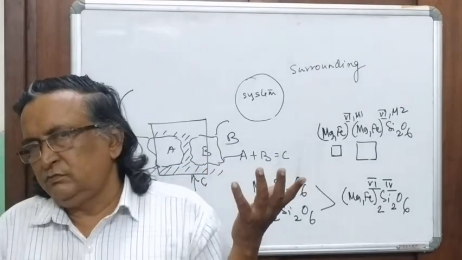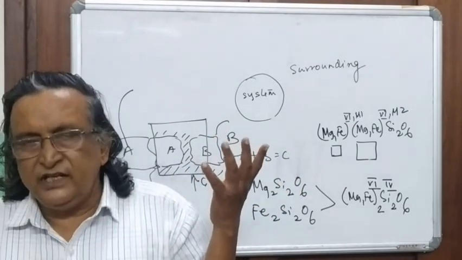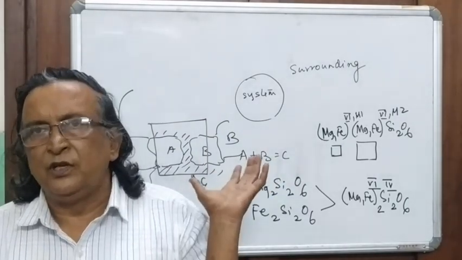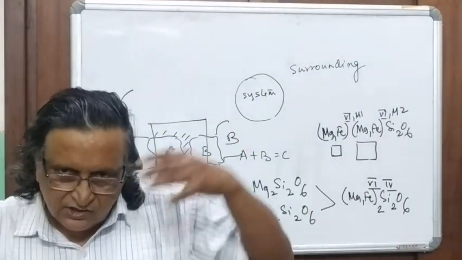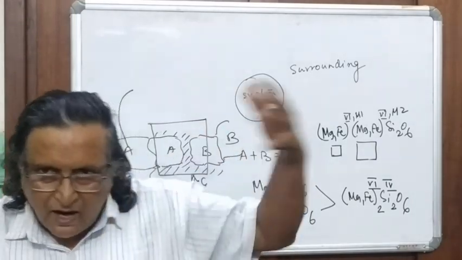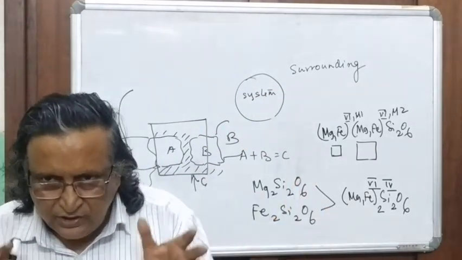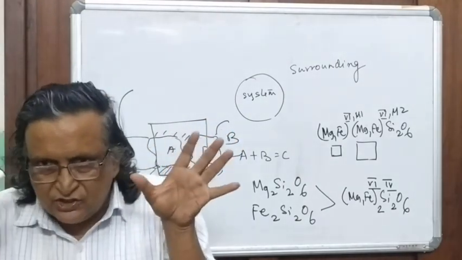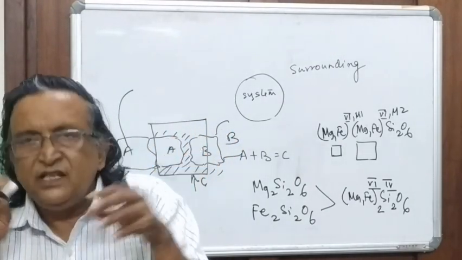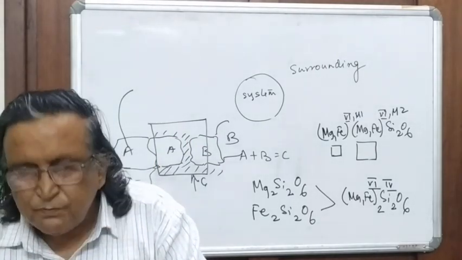It won't change. It just doesn't change. It doesn't respond. Because the changes are brought about by the surrounding. So the surrounding maintains the status quo of the pressure temperature conditions. Then the system stays put.